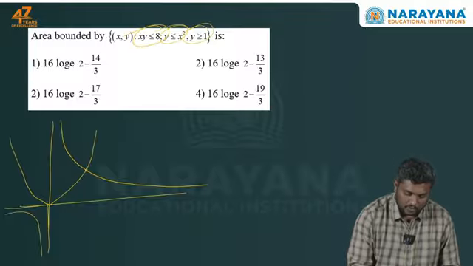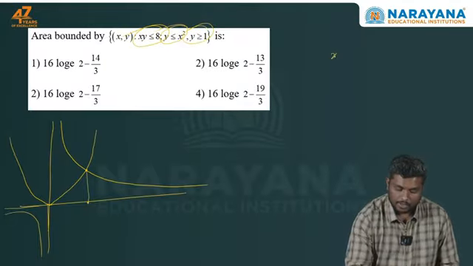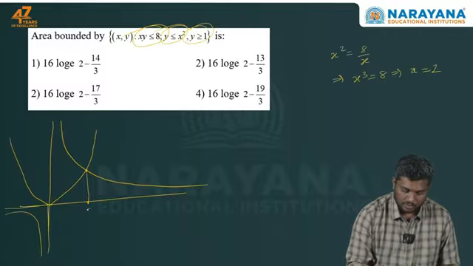So first, guys, let us find this point, the intersection of x square and 8 by x. So x cube is equal to 8, which implies x is equal to 2.